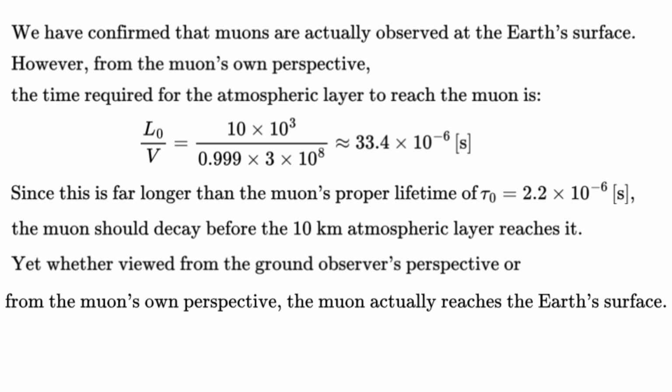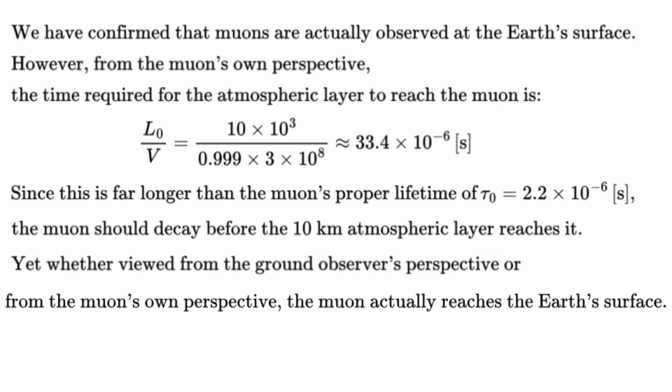We have confirmed that muons are actually observed at the Earth's surface. However, from the muon's own perspective, the time required for the atmospheric layer to reach the muon is L naught over V, approximately equals 33.4 times 10 to the minus 6 seconds.